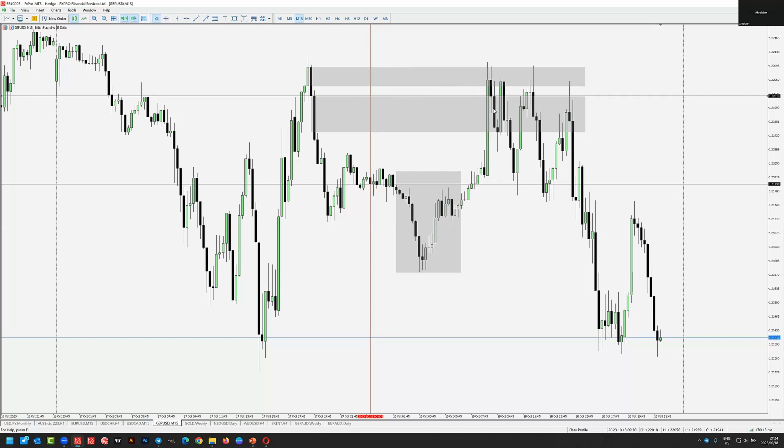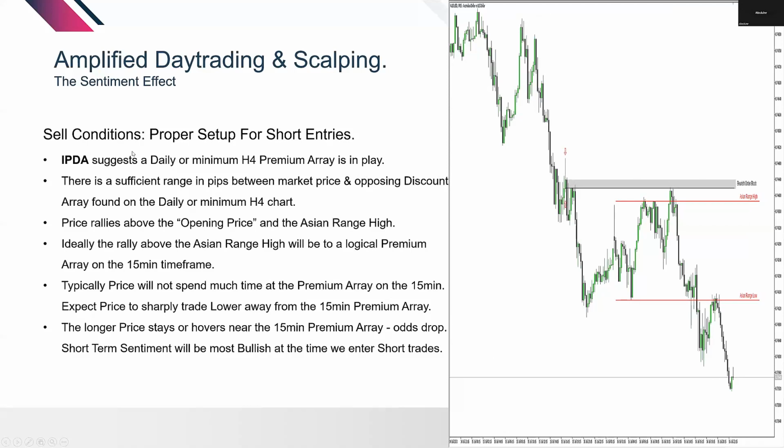So whenever you are entering a position on a premium array or a discount array, just try to practice putting your stop loss at least 15 to 20 pips above the premium array or below the discount array. Because a move of 15 to 20 pips above an array, in most cases, is a change in market structure. So that's what you have to focus on when you're looking for sell conditions.